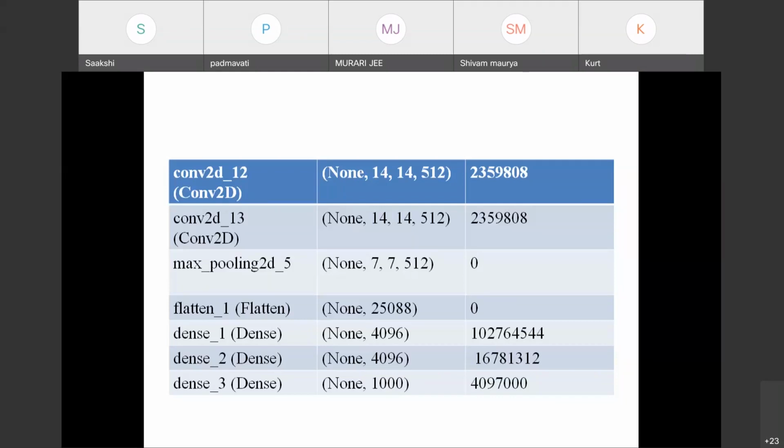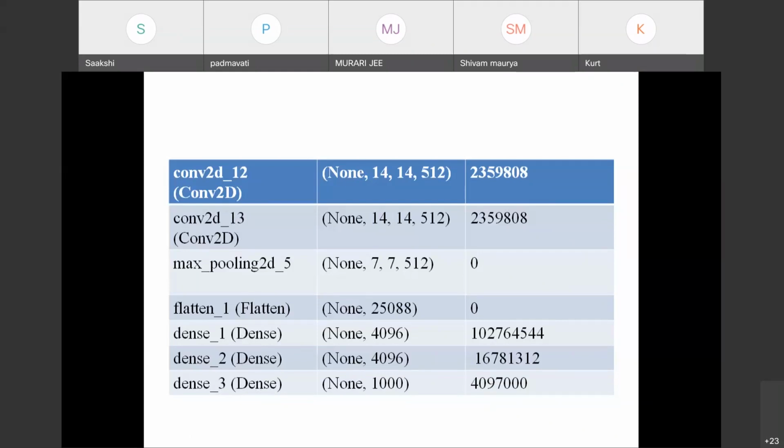We already know that convolutional operations as well as fully connected layers need their weights to be learned, right? Hence, we only consider the 13 convolutional operations and these 3 densely connected, fully connected layers. So 13 plus 3 comes out to be 16. This completes the VGG 16 architecture.